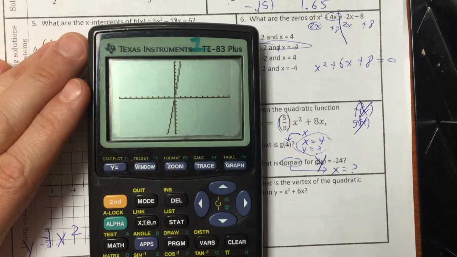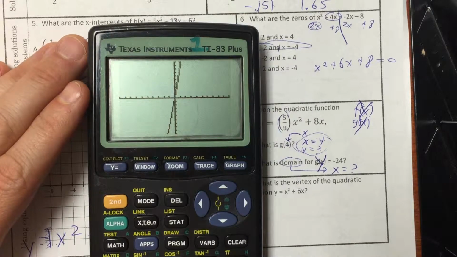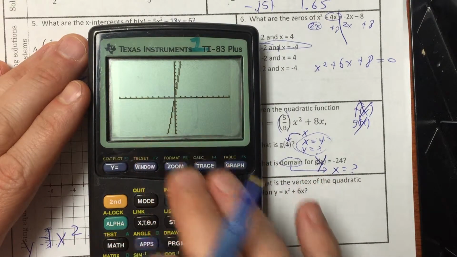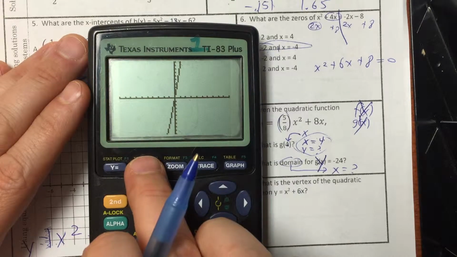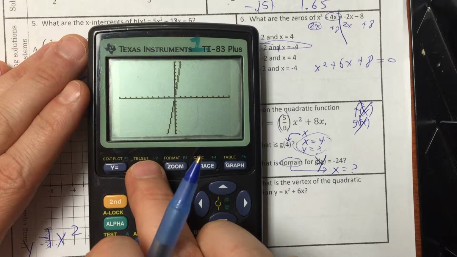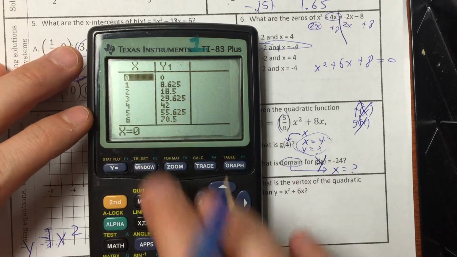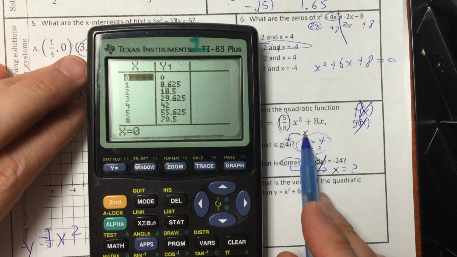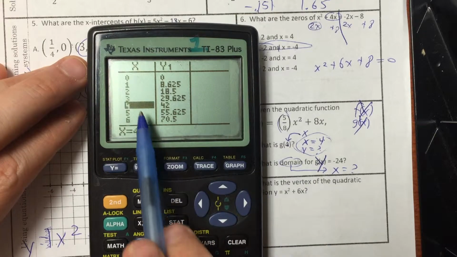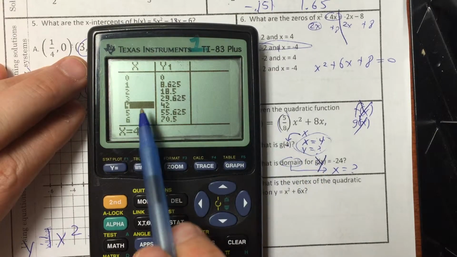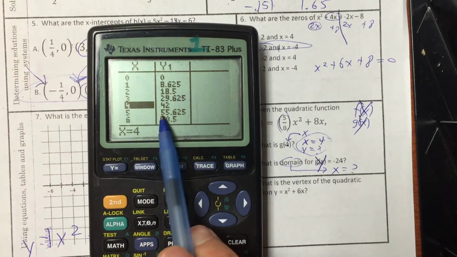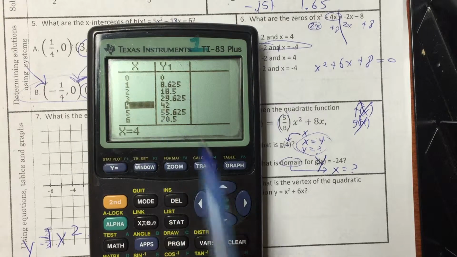This is a situation where if we had to look at the graph, we would need to adjust the window. Now, fortunately, we don't have to look at the graph. Let's go to second graph. Here's all the answers. When x is 4, what is y? When x is 4, y is 42.